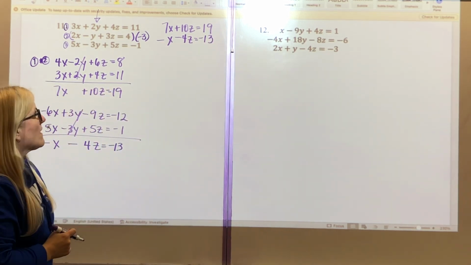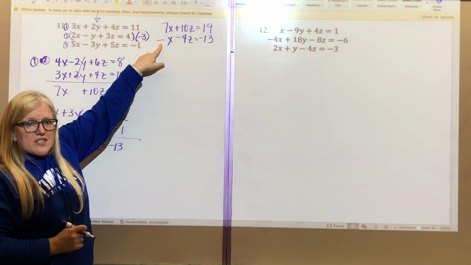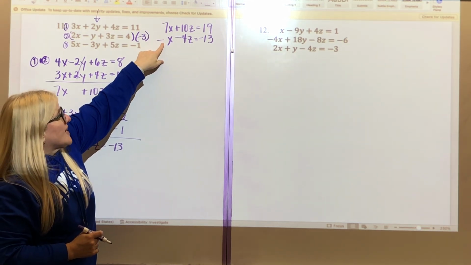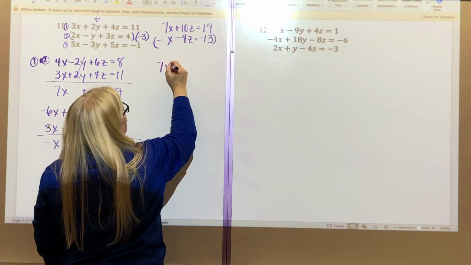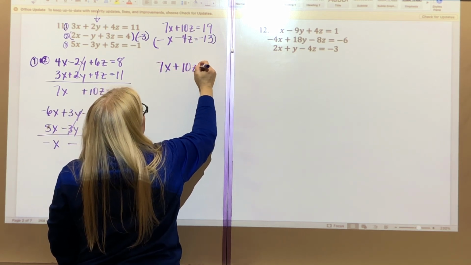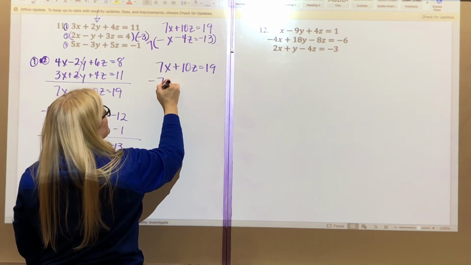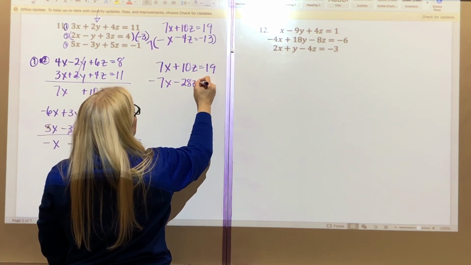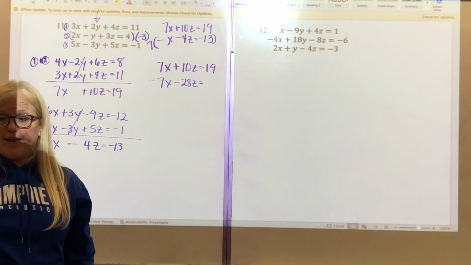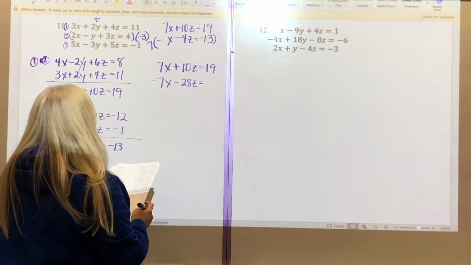Okay, let's multiply this one by 7 so that we get a negative 7x here. I'm going to multiply through this by 7. I get negative 7x minus 28z equals negative 91.